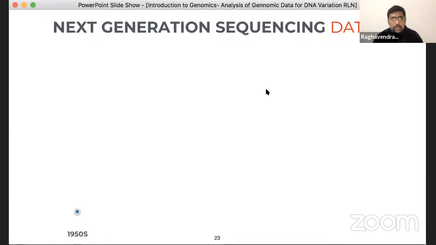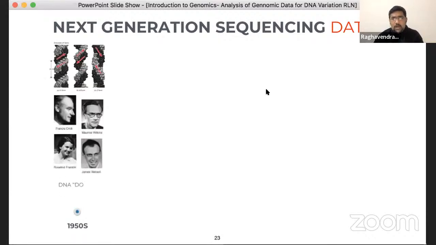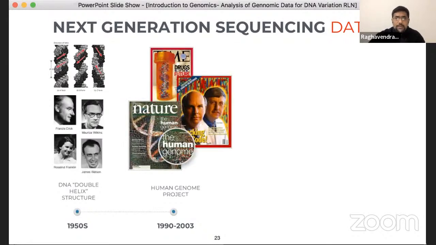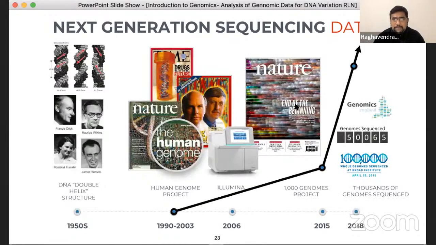The year 2020 marks the 70-year mark since the discovery of the structure and function of DNA molecules. It took almost 50 years from that time to sequence the first human genome, but soon after, the technology evolved and exploded rapidly. By 2015, we had the 1000 Genomes Project, which brought a significant number of whole genome sequences to the research community.